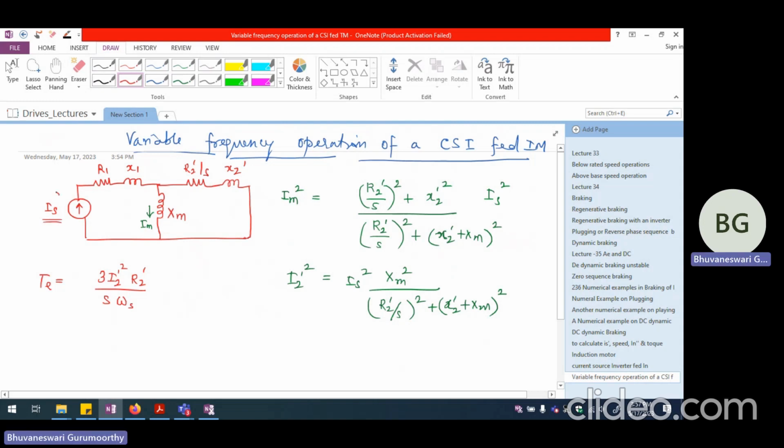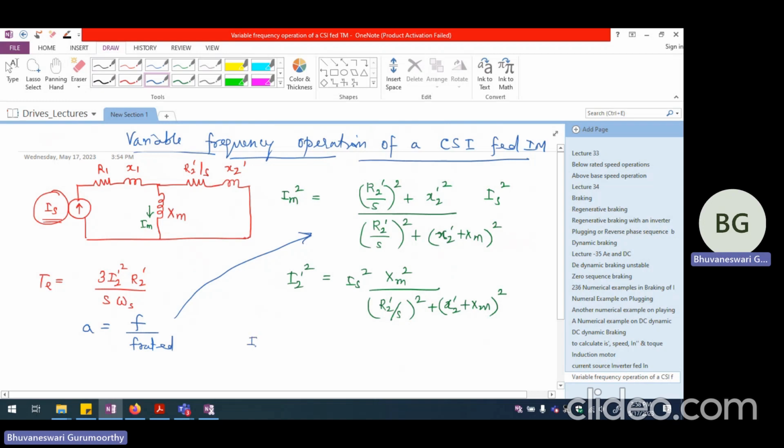Now we are assuming that this is going to be of variable frequency. So if I have, let us say, A, which is the present frequency divided by the rated frequency, so this is the ratio of the present frequency to the rated frequency, then I should be able to write Im.